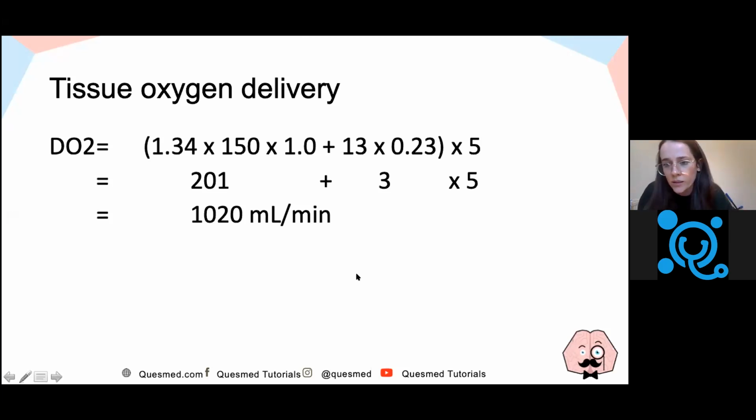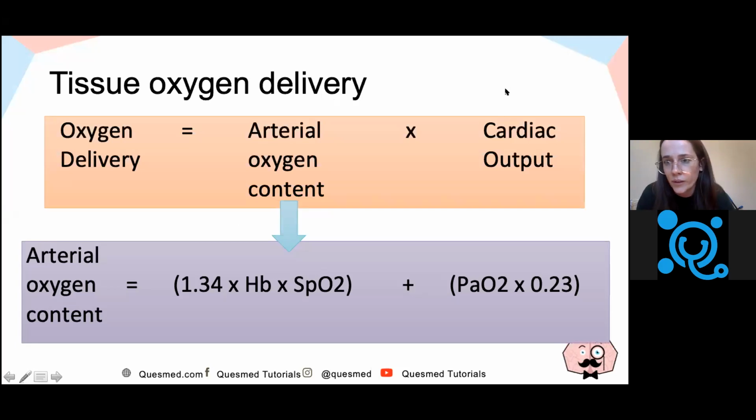Can I go back to the equation? Yes, I certainly can. Here we go. So the 1.34 is Hüfner's constant.